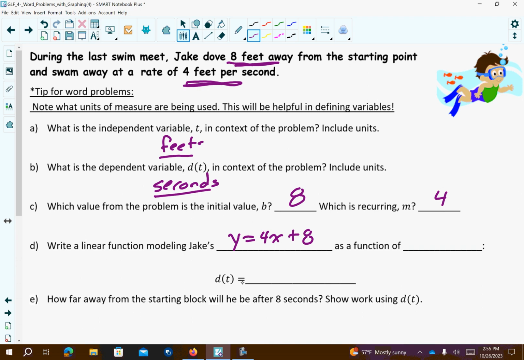Okay, so they have it as d of t. Remember, this d of t is functional notation. It means the same thing as y. So we can put our equation straight down here. Because they're using t, this would actually be a t value, where this could be an x value. Whatever this value is, this value will also be.